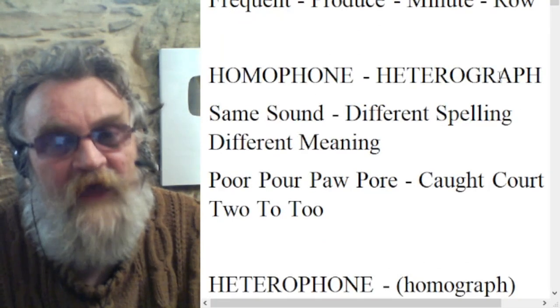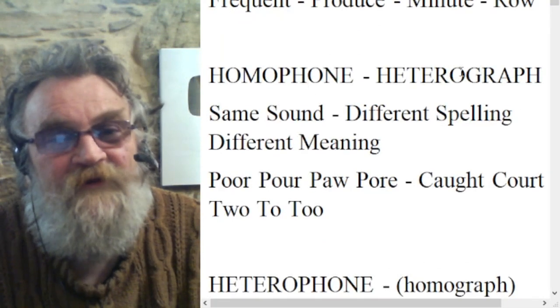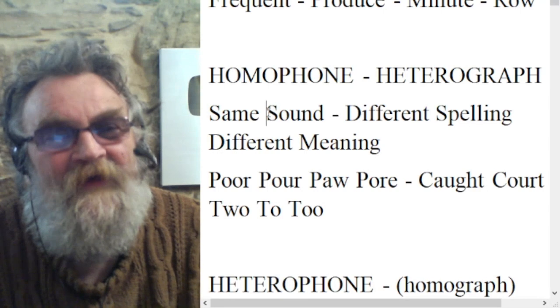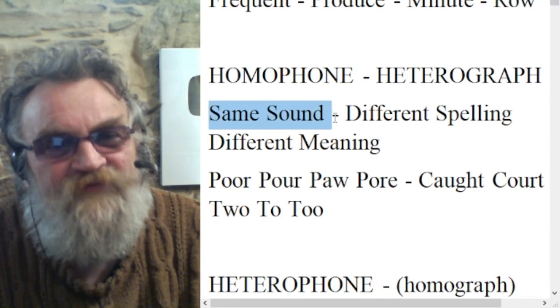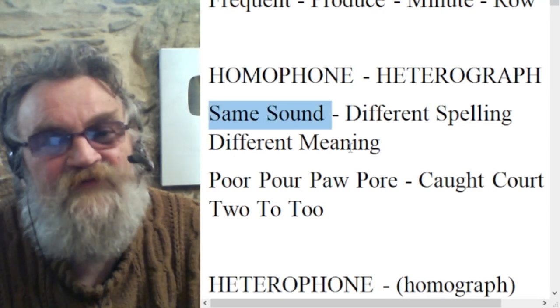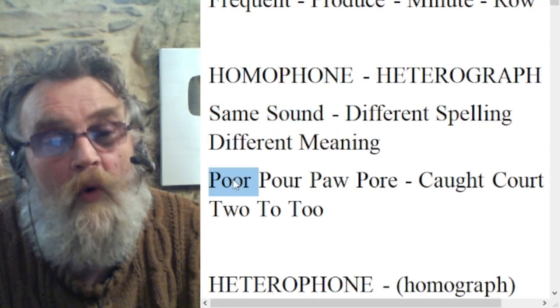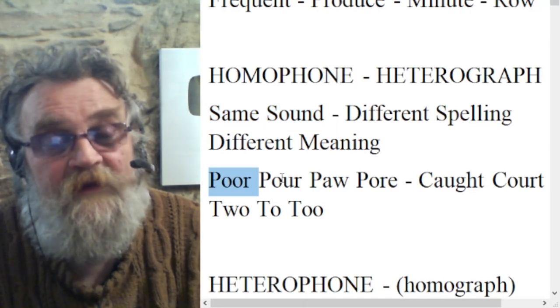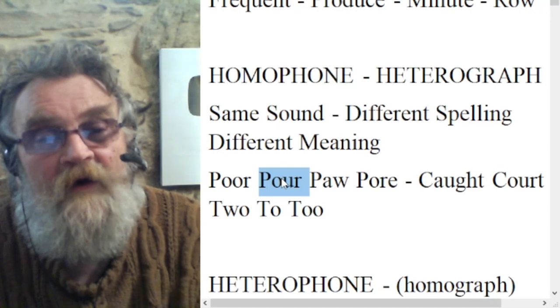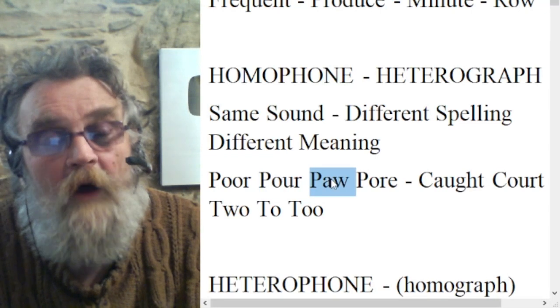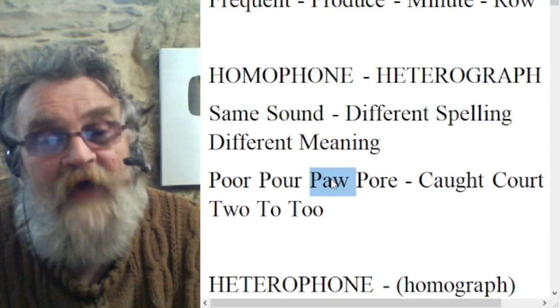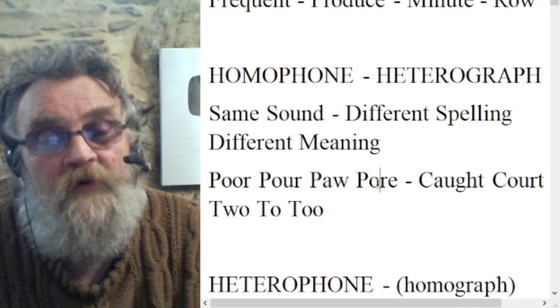Okay, homophones or heterographs, same sound, different spelling. So they have the same sound but different spellings and different meanings. So for example, poor, I don't have much money. Would you pour me a glass of beer? A paw. A dog has 4 paws. Pore.